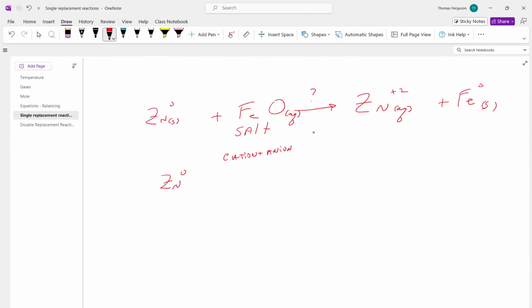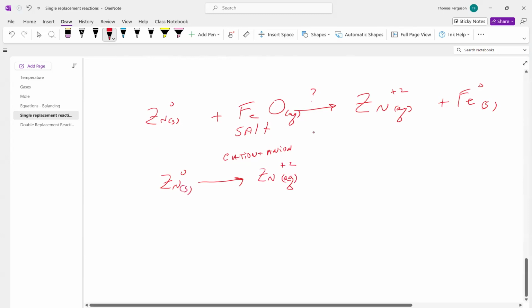Okay, so the zinc is going to lose 2 electrons, and that's being oxidized. Remember, oxidation is you're losing and transferring electrons. What goes along with oxidation is reduction.